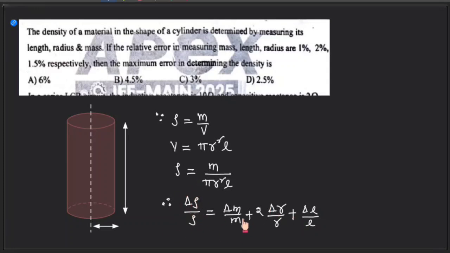If you want to find the percentage error, you have to multiply by 100.